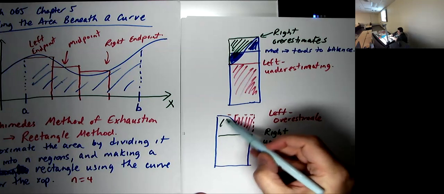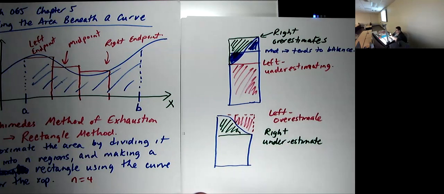Because it would be missing that part right there. There's a bunch of ways to do it. There's a trapezoid method. There's a lot of methods for doing this area thing. But the rectangle method was this. Just break it up into rectangles.